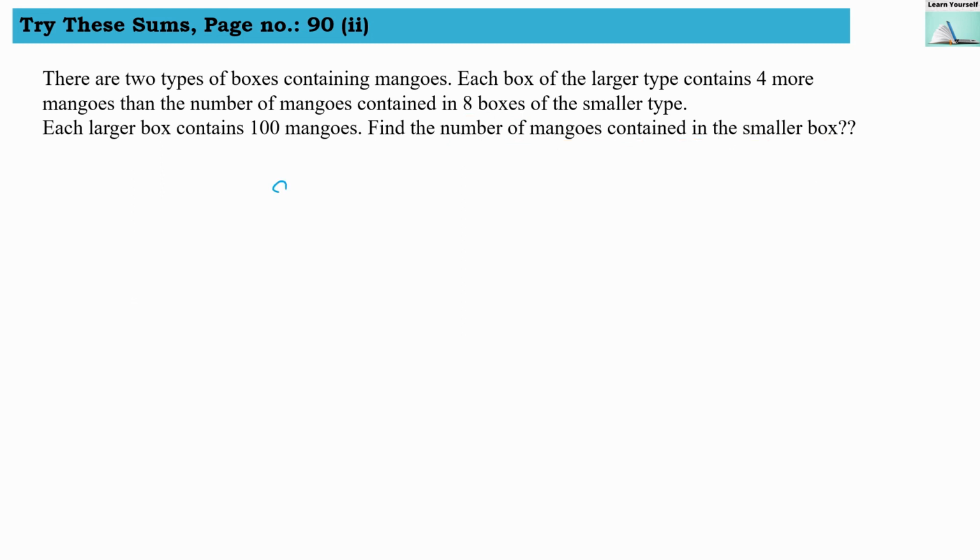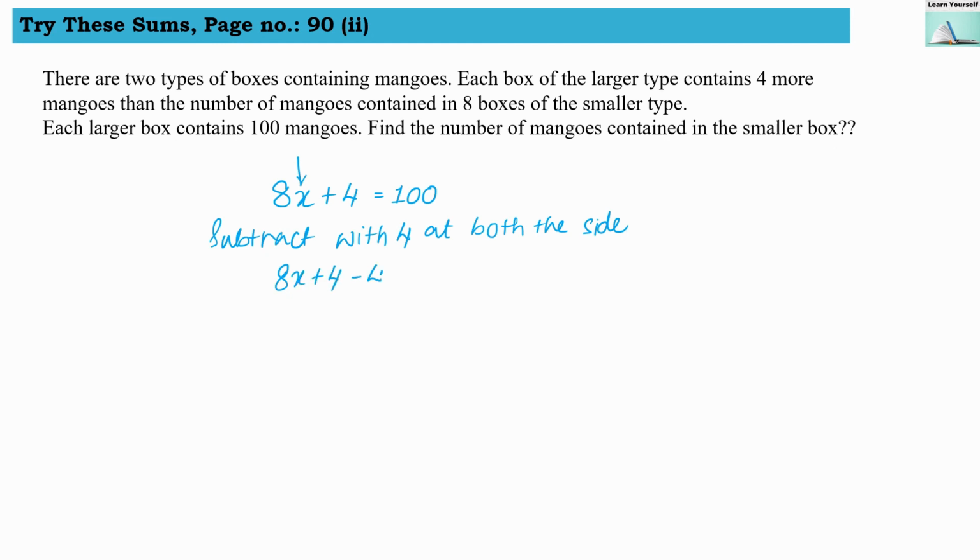So our equation here is 8x plus 4 equals 100. Now we have to separate this variable, which is in addition with 4. So first we are subtracting 4 from both sides. We will get 8x plus 4 minus 4 equals 100 minus 4. So this 4 and this 4 will get cancelled out. We will get 8x equals 100 minus 4, which is 96.